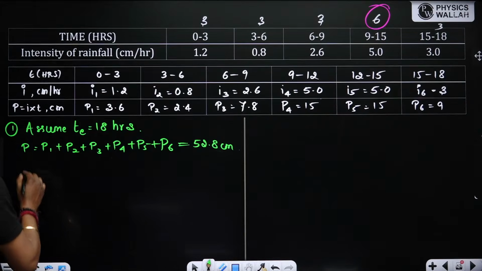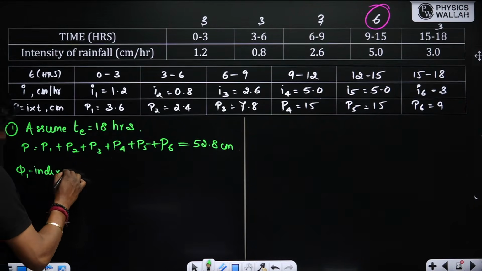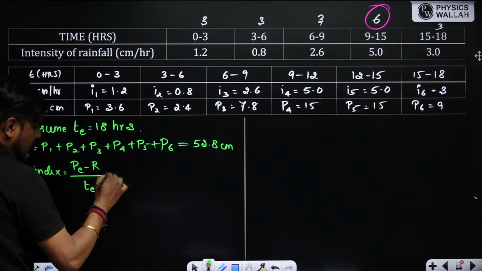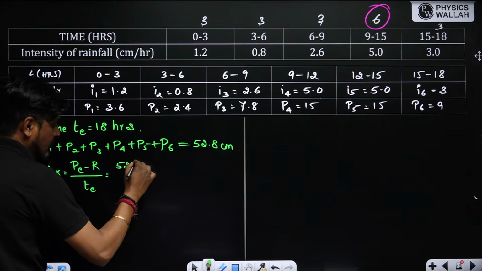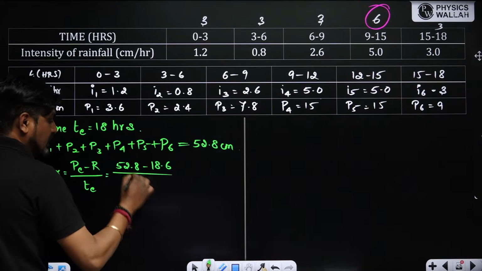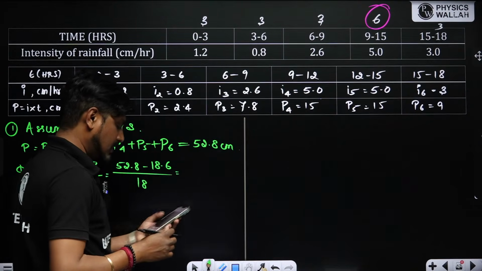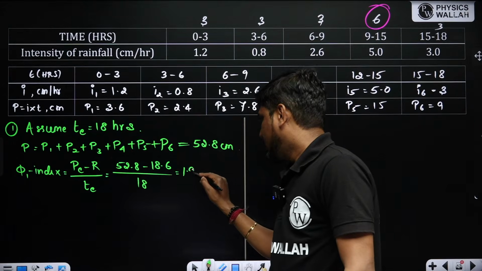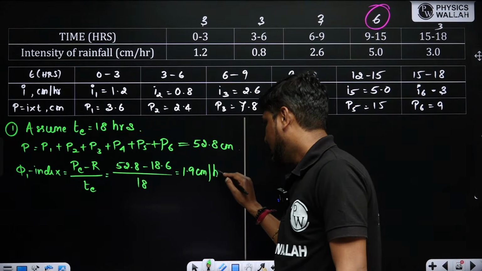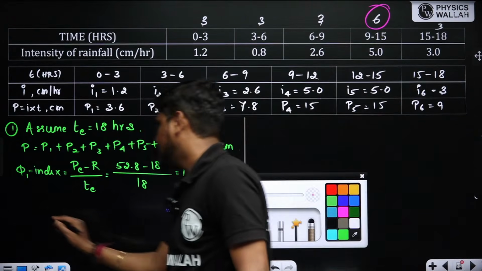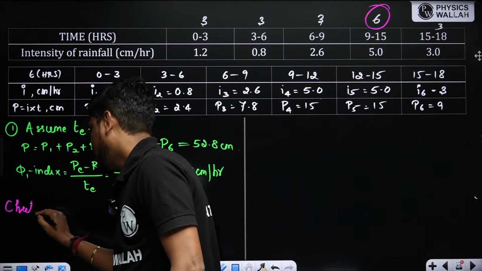Now let us find out phi index in the first trial. PE minus R divided by TE. PE 52.8 minus R 18.6 given in the question, divided by TE 18. I think you will get 1.9 centimeter per hour. After getting the first result, please always check. How do you check?